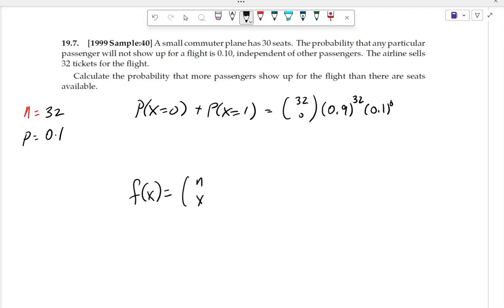It's that n choose x, and p to the x, 1 minus p to the n minus x. That's where those things are coming from. Here's your n choose x. There's your p to the x, it's written flip-flop, and that's your 1 minus p to the n minus x. That's where those are all coming from. That's for 0. What do you get for 1 then?